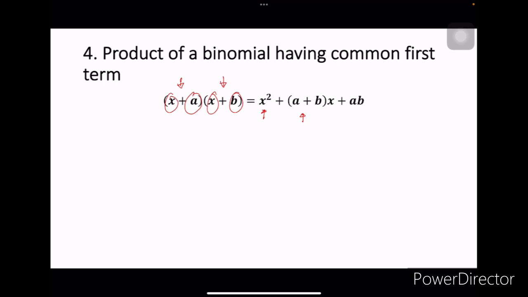So you have a plus b times the first term, then plus ab, which is the product of the two terms for each factor. So you will have x squared plus quantity a plus b times x plus ab.